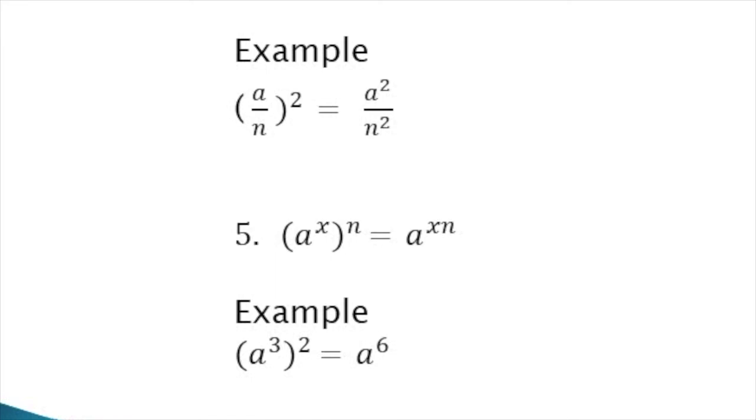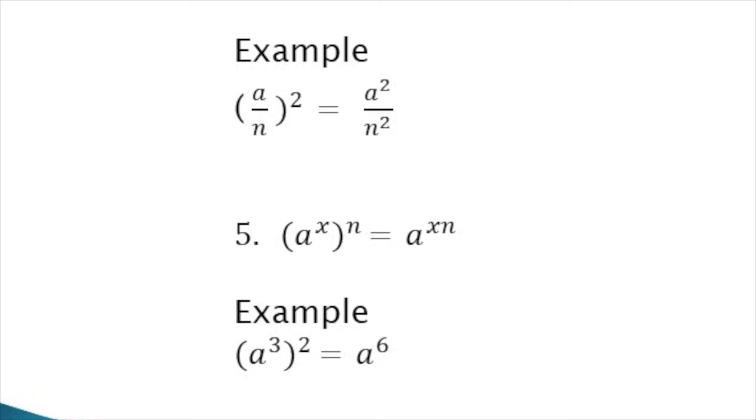So we use the main exponent, which is 2, to multiply the exponent of a and the exponent of n. So we are going to have a to the power 2 divided by n to the power 2.